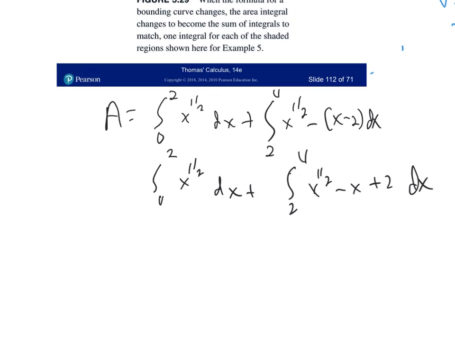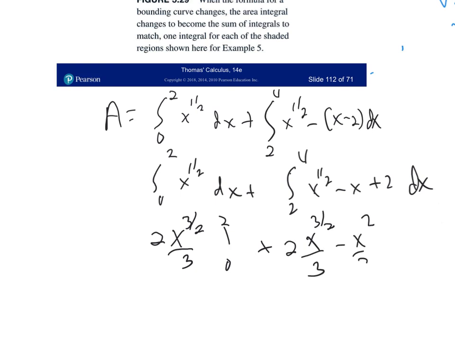Integrate that first piece, and hopefully I don't mess up. X to the 3 halves divided by 3 halves from 0 to 2, plus this again is an x to the 3 halves divided by 3 halves minus x squared over 2 plus 2x.